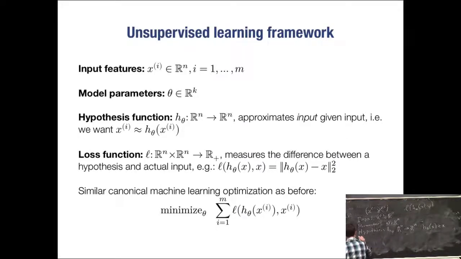So we have a loss function, which is a function that maps from Rn and Rn to some positive loss. And I think the example we'll use all day today is just going to be the loss between the hypothesis and the actual x is just this L2 norm of the difference. Just the Euclidean distance between these two things.